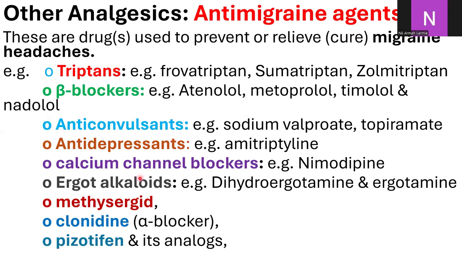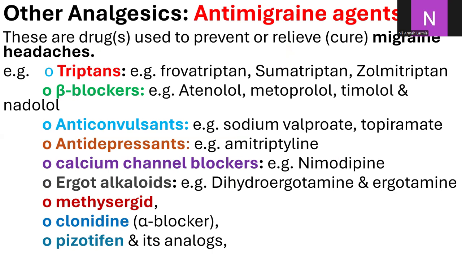Antidepressants, calcium channel blockers, specifically nimodipine, the ergot alkaloids, ergotamine, dihydroergotamine, methotrexate, clonidine, and pizotifen have all been used. Now, you see, these are various agents belonging to different classes of drugs, but they can all help to either prevent a migraine headache or relieve migraine headaches.